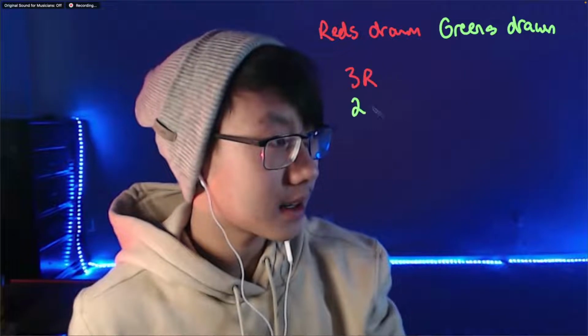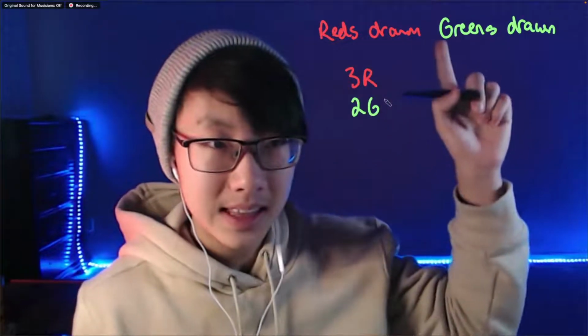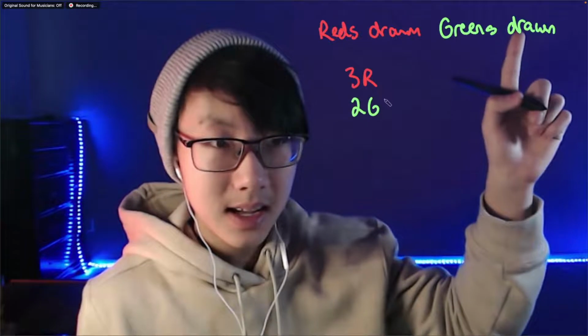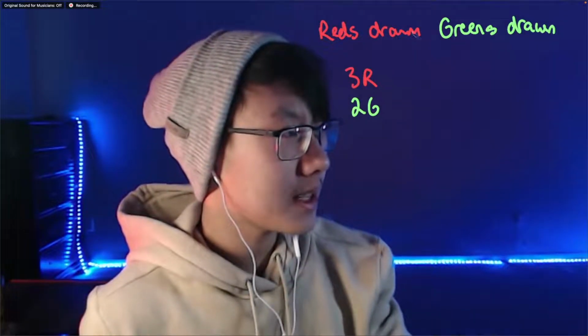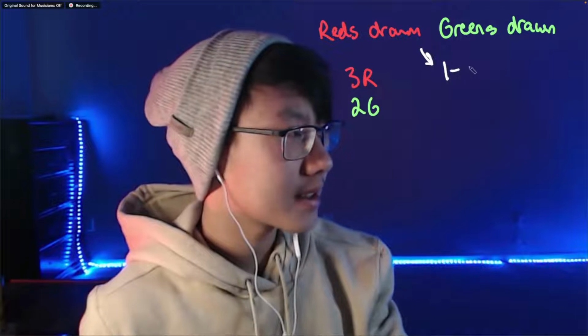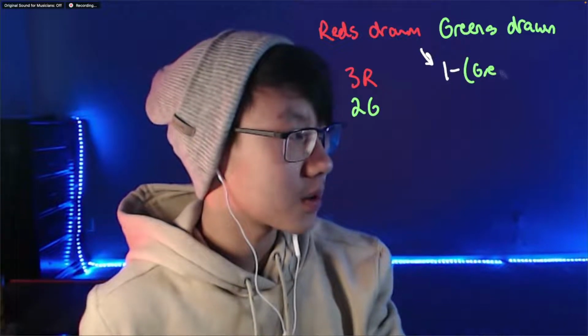I know it sounds obvious, but this is a helpful fact, because instead of looking for the probability that the reds are drawn, remember there are 3 reds and 2 greens, I'm going to find the probability that the greens are drawn and subtract that from 1. So this should be equal to 1 minus the probability of the greens being drawn.